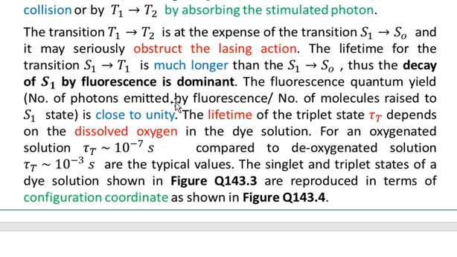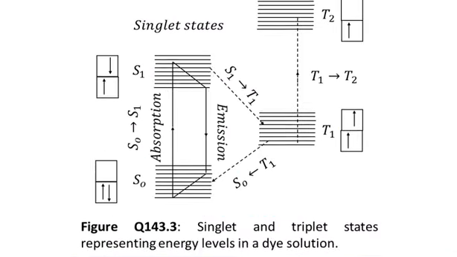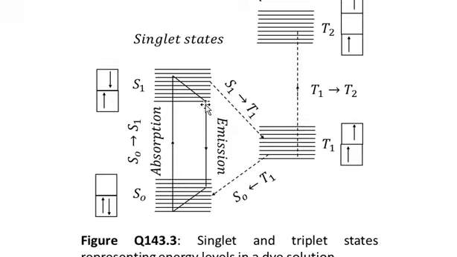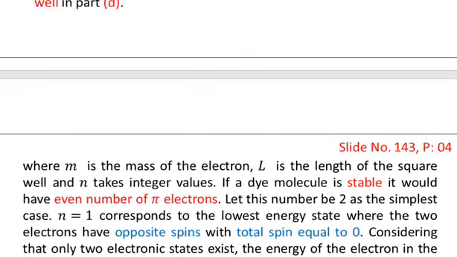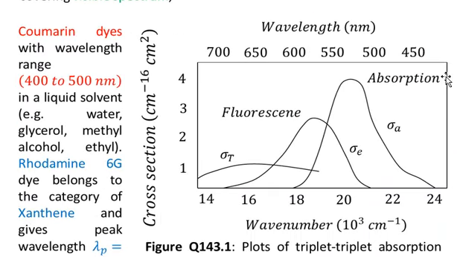The fluorescence quantum yield, that is the number of photons emitted by fluorescence divided by the number of electrons raised to the S1 state, is close to unity. So you see that the emission from S1 to S0 is actually a fluorescence emission, and corresponding to this fluorescence emission, you can see in figure number 1 that I have shown the fluorescence curve over here.